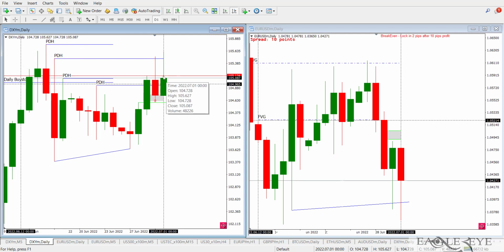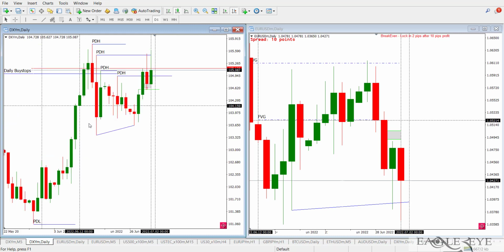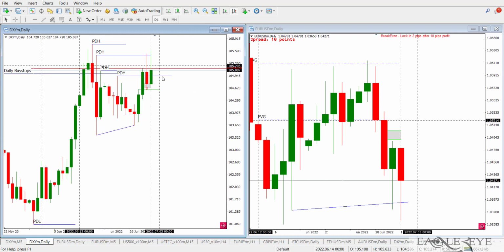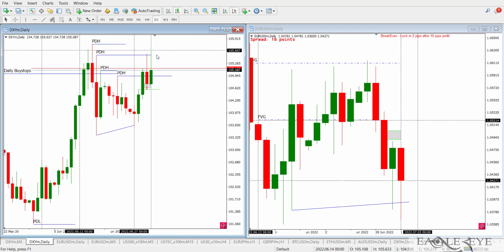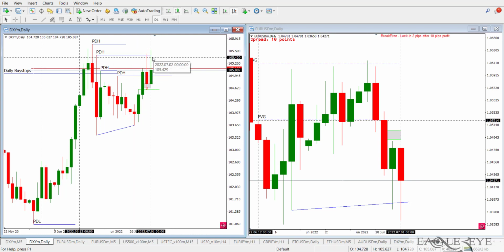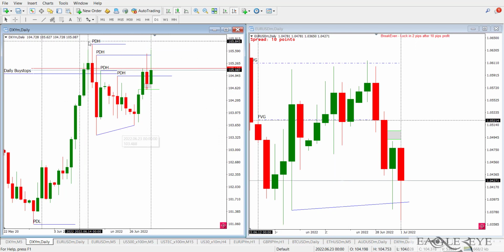So it's most likely we are going to run this particular high, but it's not really a must, because we've done the majority of the work and price is actually in premium at the moment. If you take this high and this low, for instance, price is in premium right here.